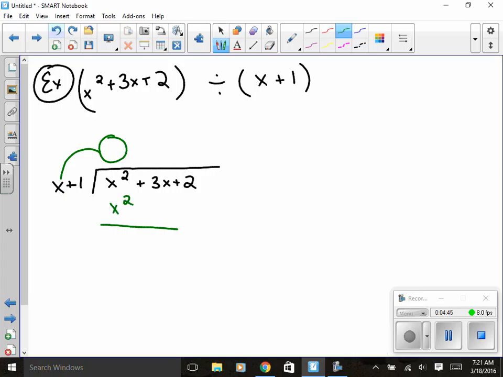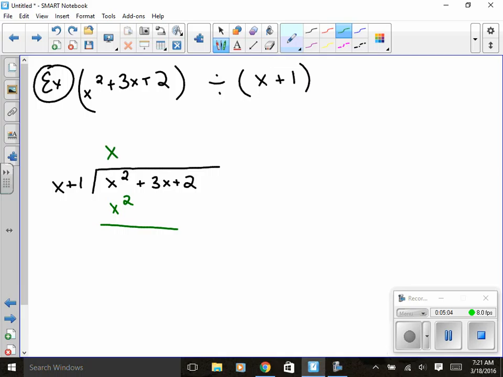I know that that's what I'm trying to get. So I need to figure out what times this x over here gives me x squared. Which is just a regular x.